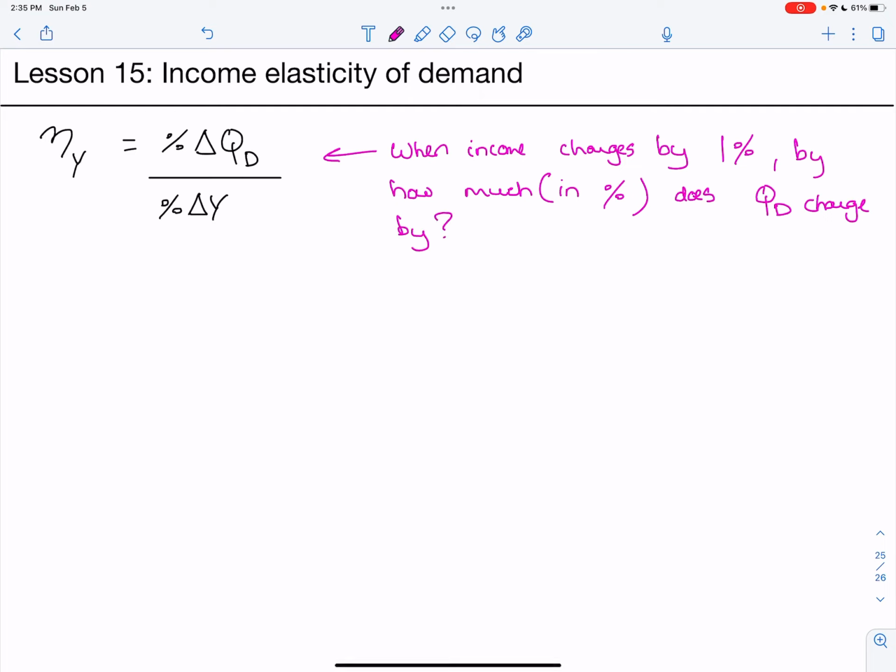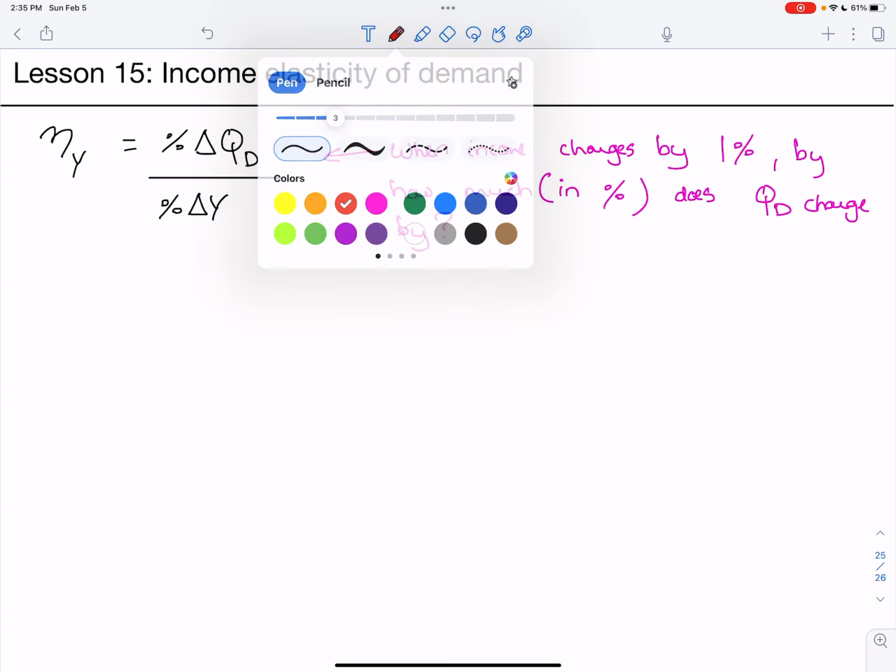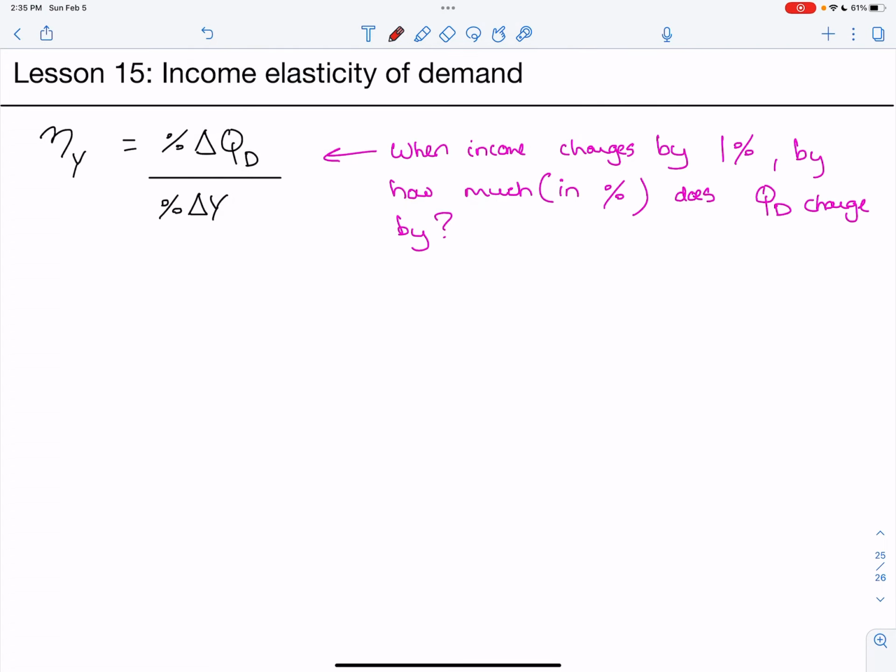Right? And now you might expect, of course, that when income goes up, quantity demanded will also go up, right? As the person gets richer, they want to buy more things. And that will in general be true, okay? But, and this is super important, when you're calculating income elasticity of demand, you are not to use absolute values, okay? Now, why is that? No absolute values.